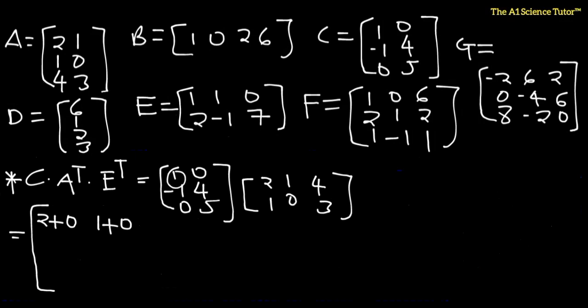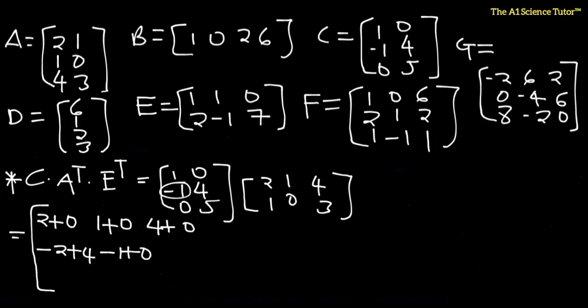We have 1 multiplied by 4, which is 4, and 0 multiplied by 3, which is 0. Second row, we have negative 1 multiplied by 2, which is going to give us a negative 2. And we have 4 multiplied by 1, which gives us a 4. Then we have negative 1 multiplied by 1, which is going to give us a negative 1. And we have 4 multiplied by 0, which is basically 0.